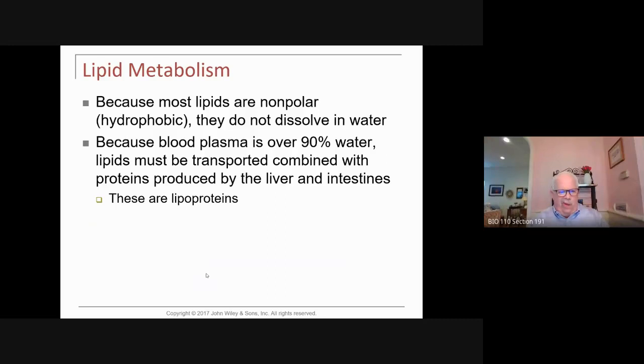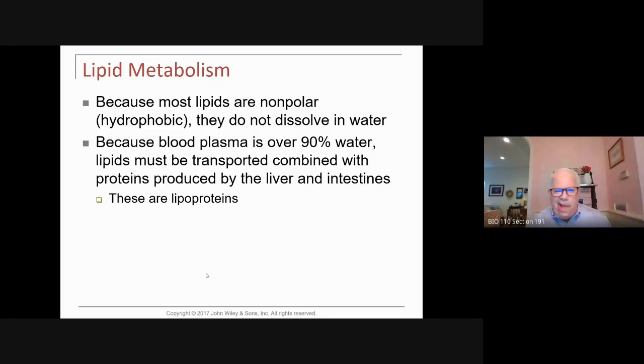Okay, let's go from carbohydrate metabolism to fat metabolism. Because most lipids are nonpolar, they do not dissolve in water. They cannot be transferred through the plasma membrane without attaching to a protein.